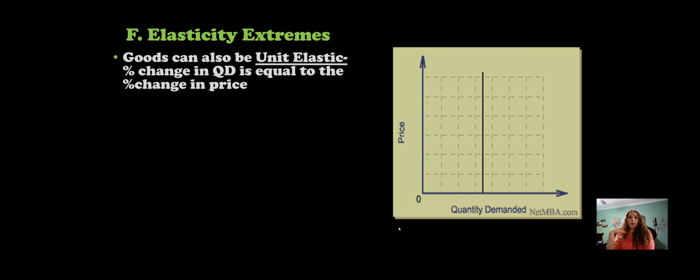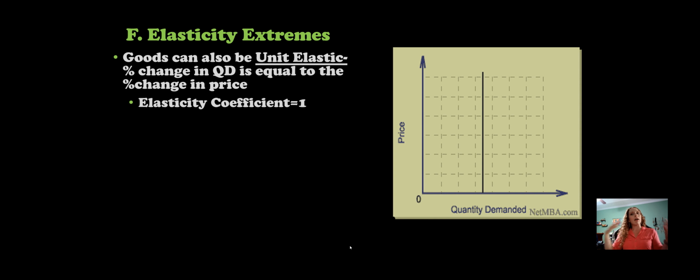So if the price increases by 5%, quantity demanded is going to fall by 5%. It's unit elastic. It's not to say it all stays the same, but the price increase and quantity demanded decrease, or vice versa, is all happening in equal proportion as opposed to one of them being in greater proportion.